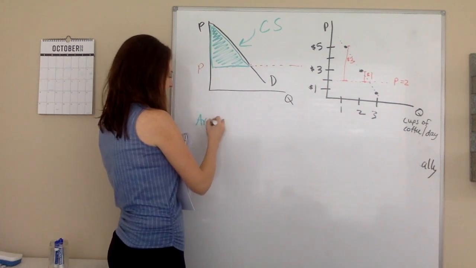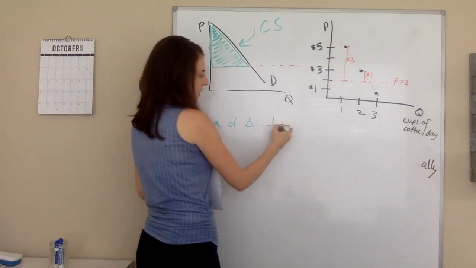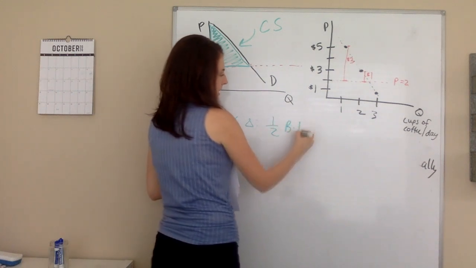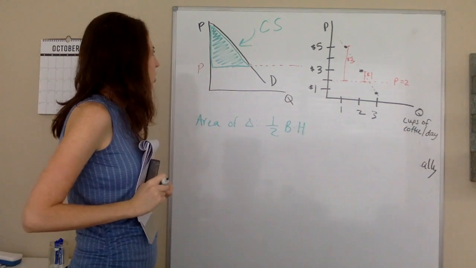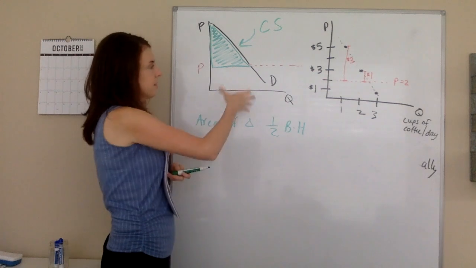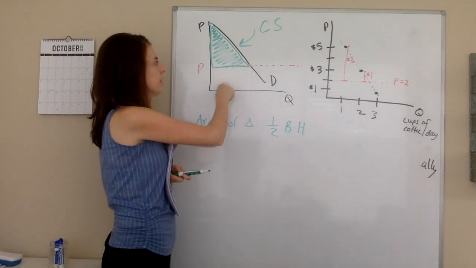The area of a triangle, in case you've forgotten this, is 1/2 base times height. So if you're trying to find the consumer surplus in an overall market, all you need to do is either derive the demand curve, or maybe you'll have a picture of it.